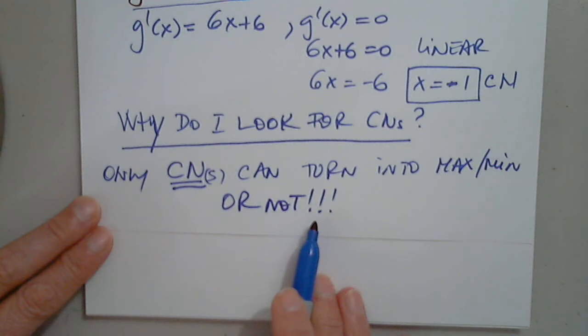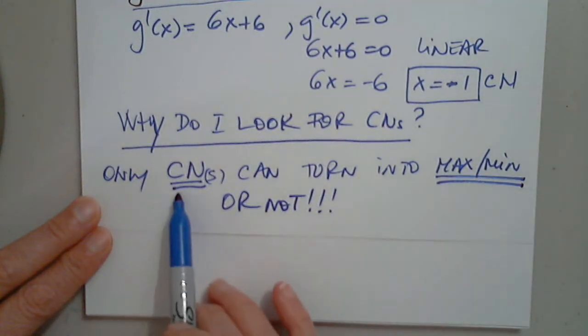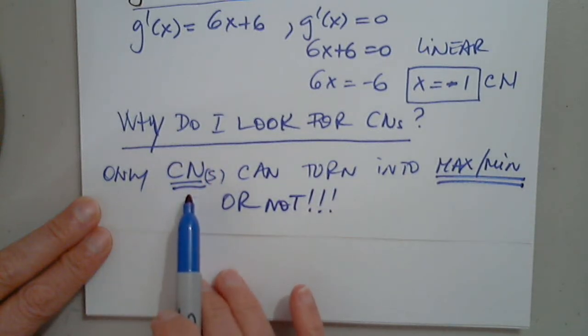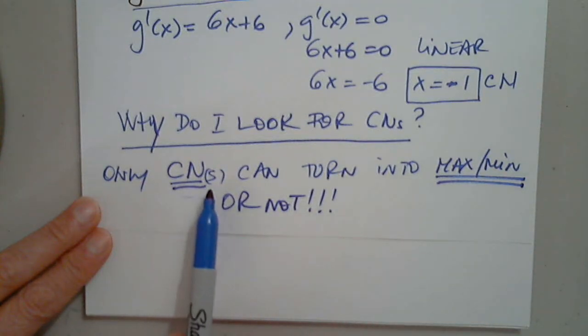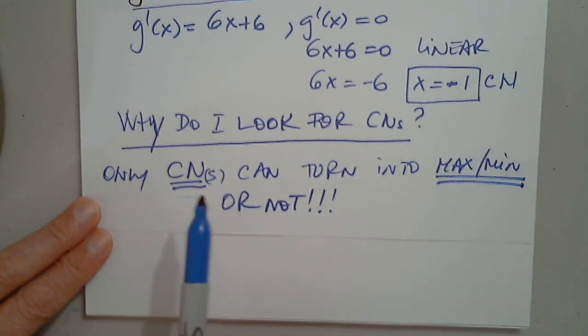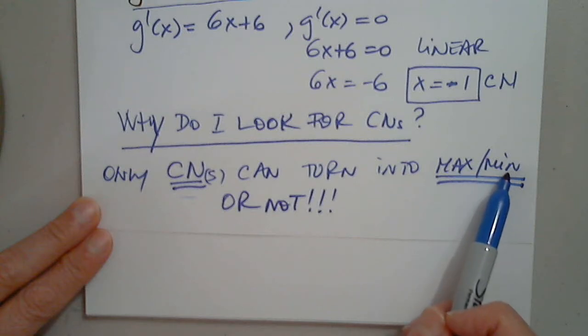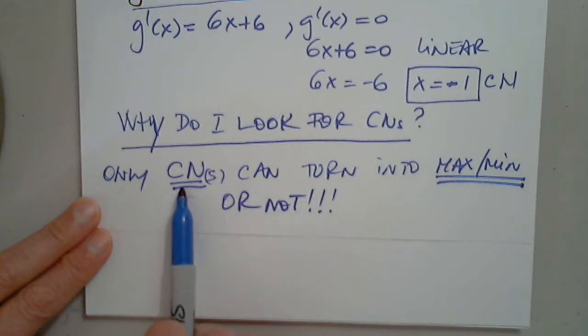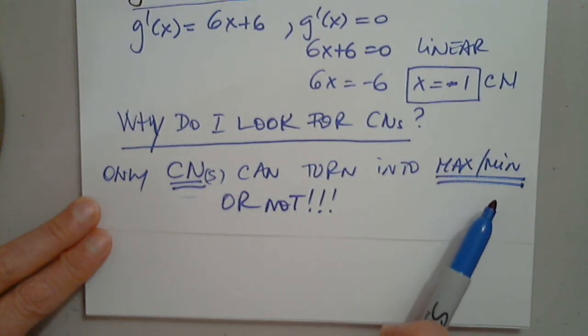What I'm saying is a function has max-min only if it has critical numbers, and even then, it's not guaranteed. But if a function does not have critical numbers, it cannot have a max or min. If it has critical numbers, they may change into max-min, no guarantee. But if it doesn't have critical numbers, it's guaranteed that it does not have max-min.